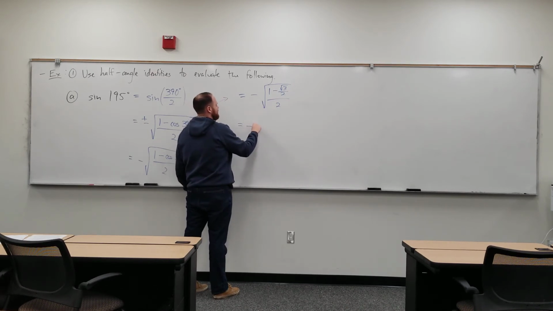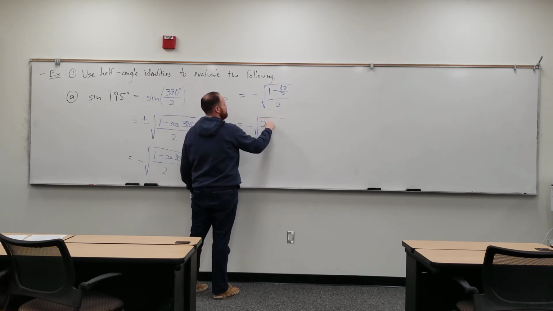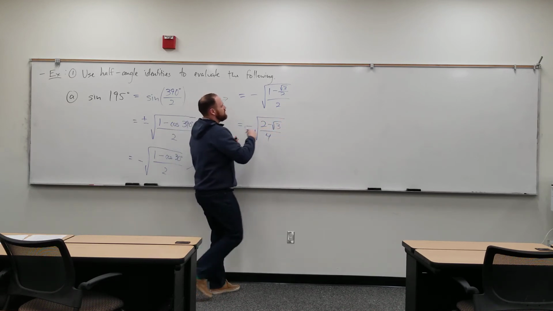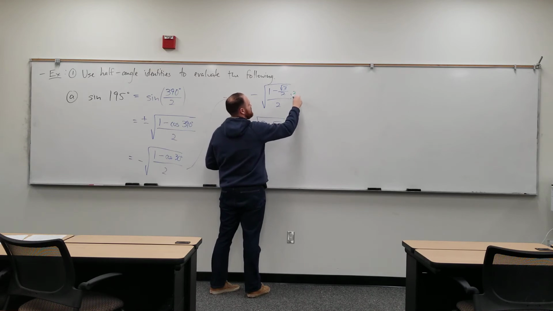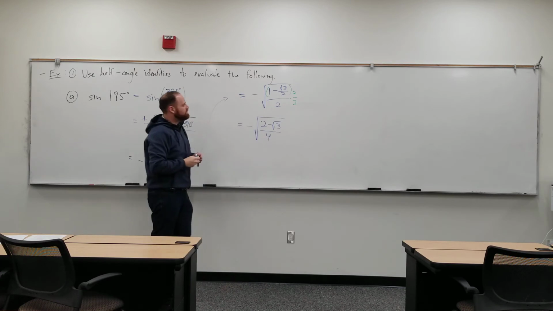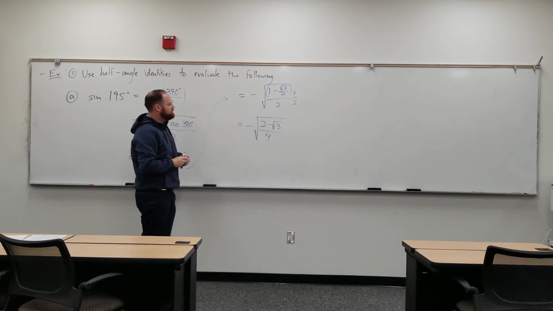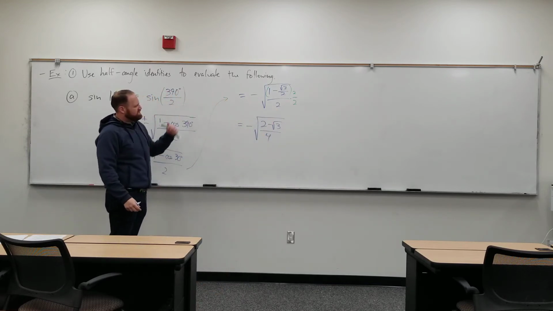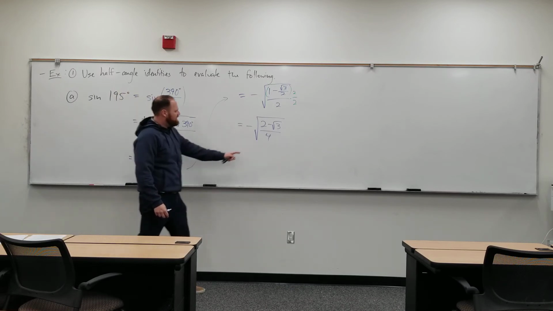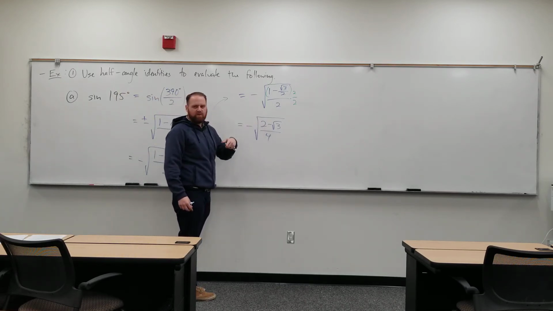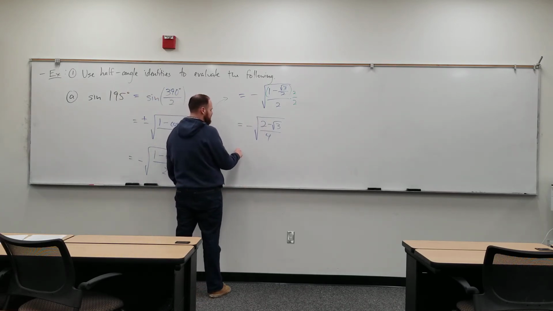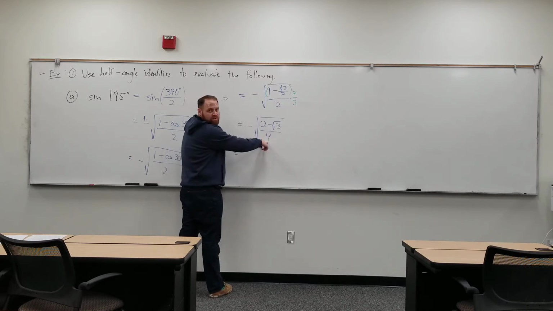So this is negative square root of 2 minus root 3 over 4, and we get that by multiplying by 2 over 2. At this point, we can apply this square root across the numerator and the denominator, and the square root of 4 is just 2.